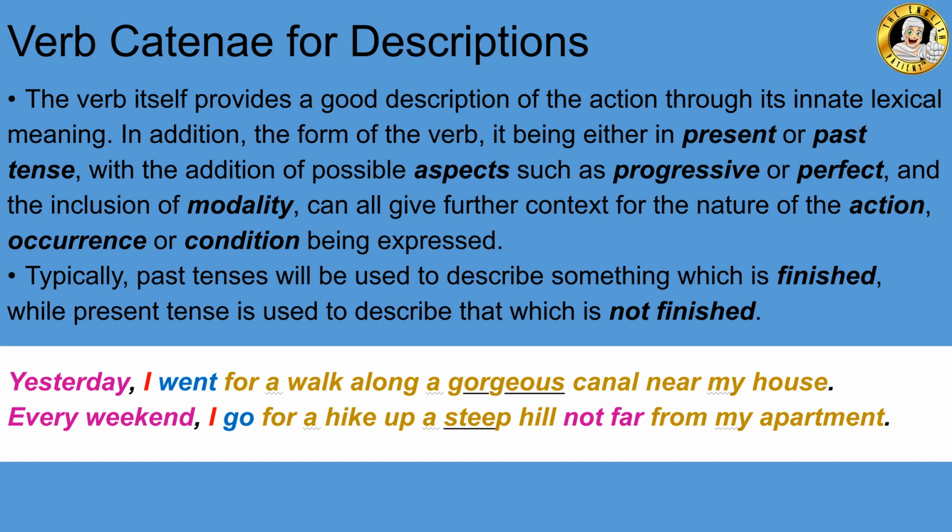So for the first example, I went, well, you could probably guess from yesterday that we're talking about the past, but you need to use the correct form of the verb in that case. If you said yesterday I go, it would sound very strange. And every weekend, if it's every weekend, then I go is appropriate, and perhaps you shouldn't use I went. So pick the correct tense.